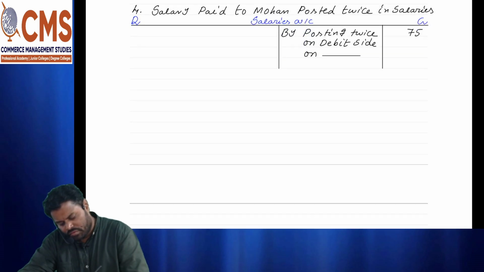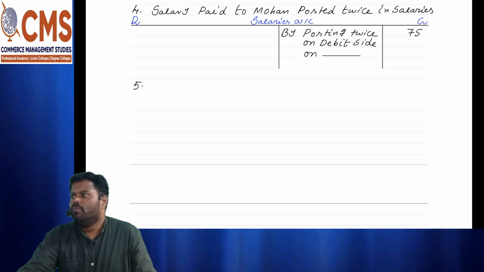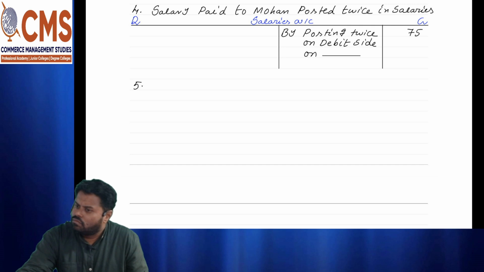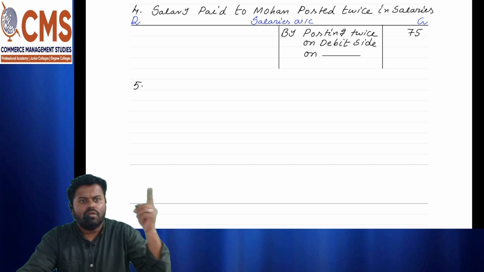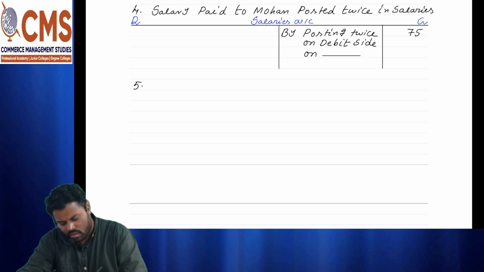Good. Let's see fifth one. What is fifth one? Statement for the fifth one. Bills receivable total. Achha, you wrote on the wrong side. Account is correct. Amount is correct, but the side went wrong. Write the double amount.